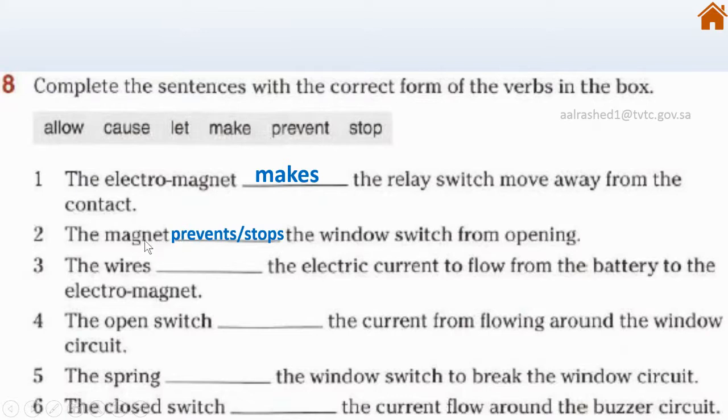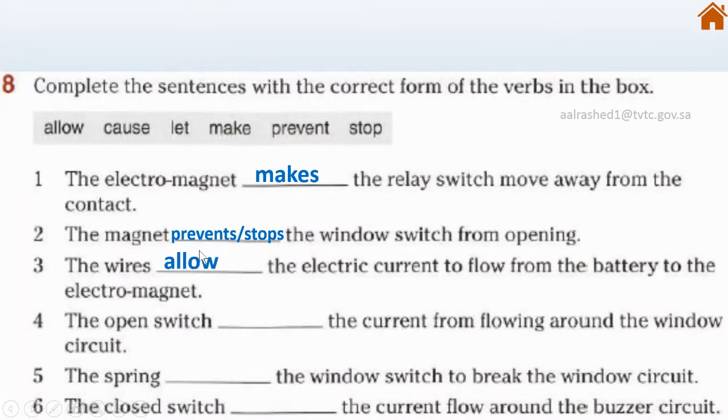And before that, we also need to focus on the subject of the sentence. If it was singular, we basically needed to put s on the verb, as we did here and here. 3, the wires, so this is plural. The electrical current, 2, so we have 2. So from the battery to the electromagnet.